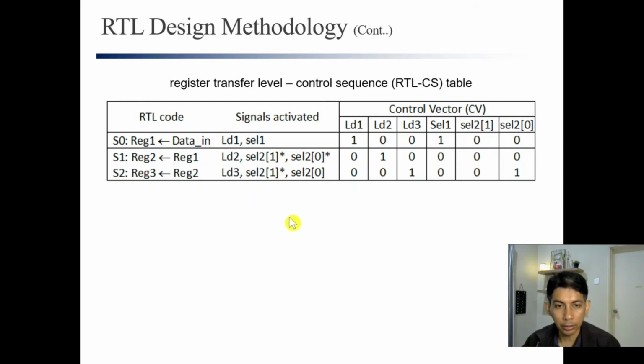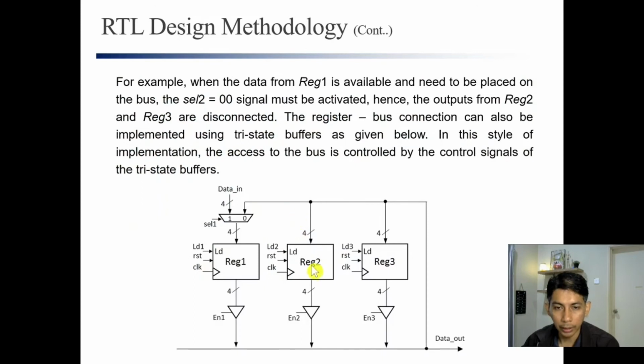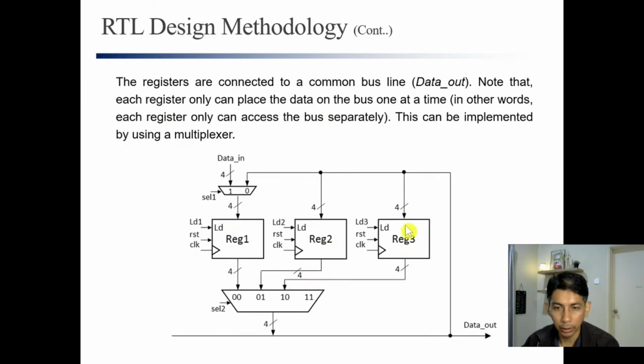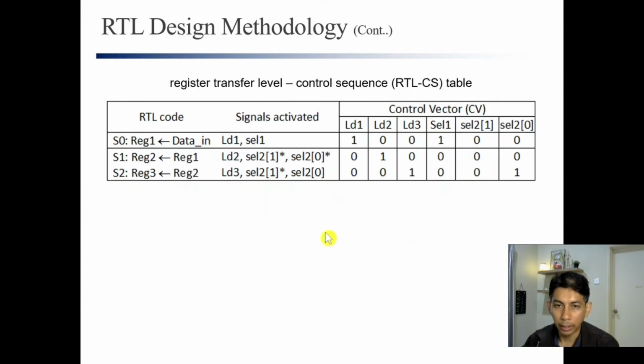The last operation is to move the data from here into here. Again, this should be 0, 1, and LD3 must be 1 in order to get the data from here into the bus and load the data from the bus into REG3.